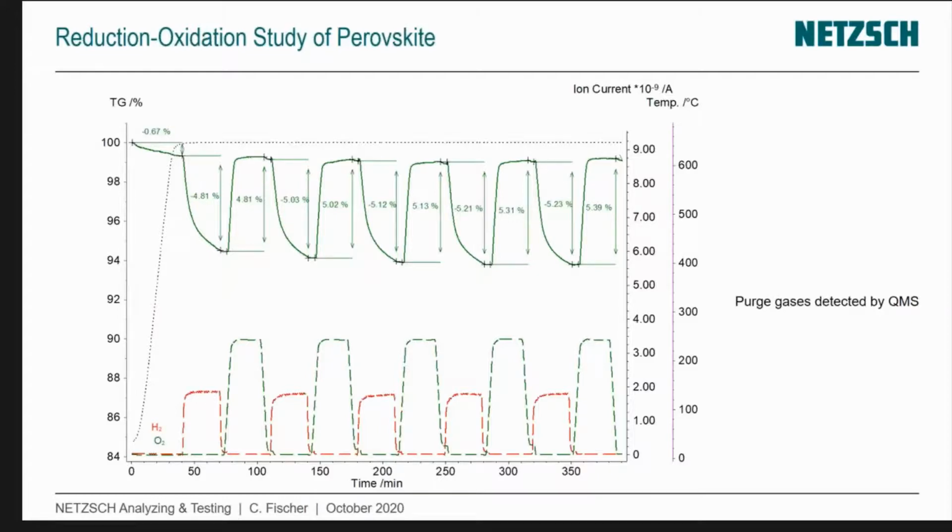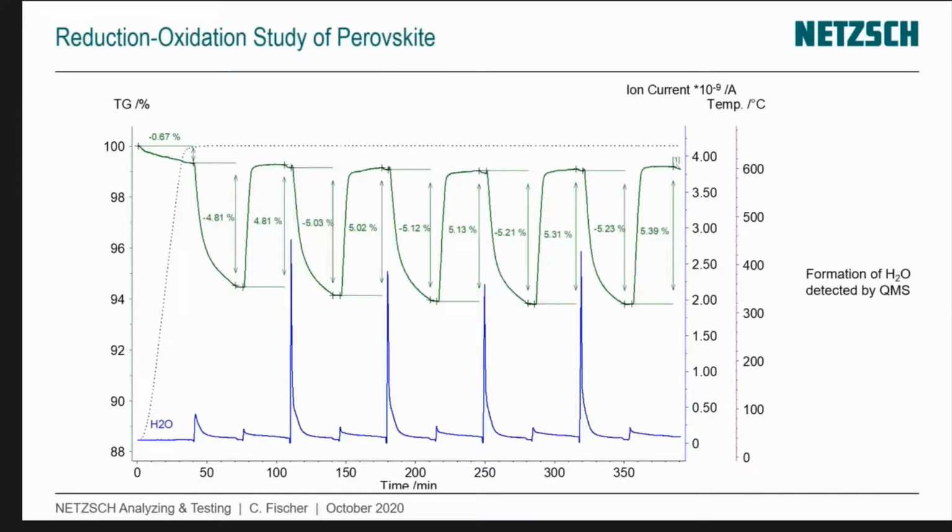Here we see that the applied gas atmosphere, hydrogen and oxygen, can be detected by the traces of mass number 2 and mass number 32 by the MS. And we see that, for example, the hydrogen was completely purged out before the oxygen was applied.